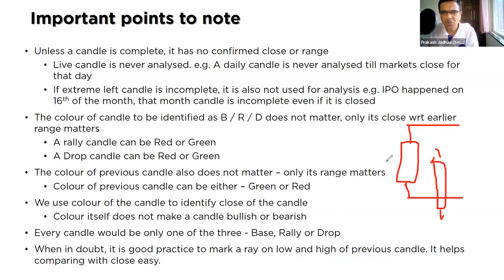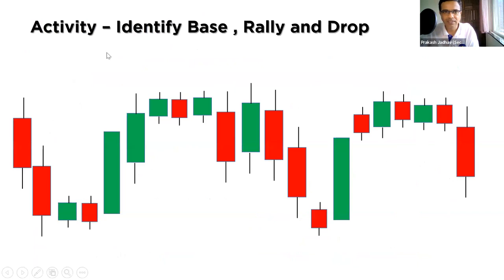With practice you will get used to understanding rally, base and drop without rays. But for the time being, you can mark a ray on the high or low to understand whether a candle is rally, base or drop. So let's do an activity to identify base, rally or drop.